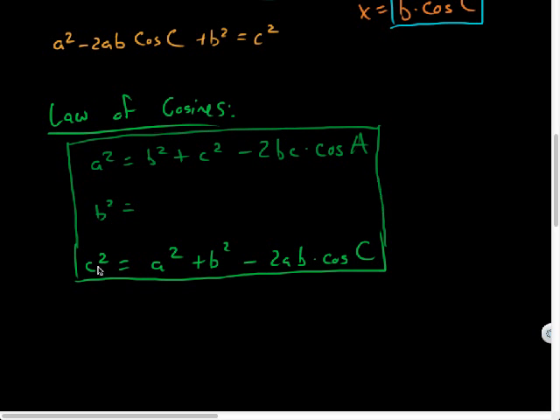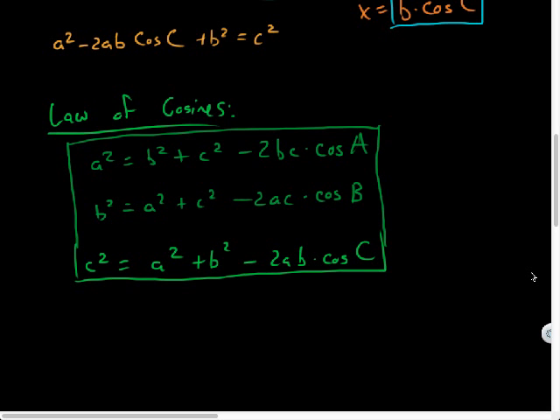You can see that here when I had little side C by itself, I had angle big C being my angle. So if I have little side A by itself, I've got angle big A as the angle that's given to me, or the angle that I'm looking for. Then for the B squared version, that's going to equal A squared plus C squared minus 2 times AC times the cosine of B. So there are the 3 versions of it.